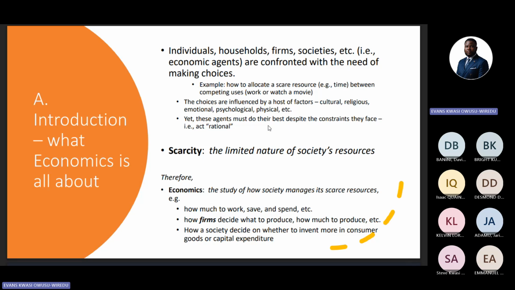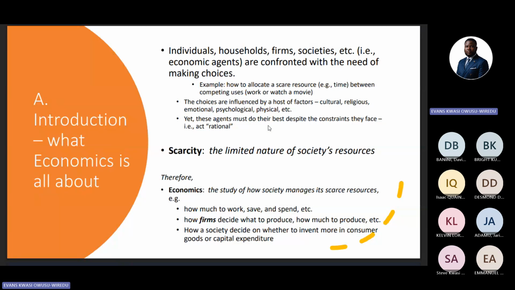And so, as an economist, you are coming in to help these people make the right choices through scientific approach or scientific procedures. As an economist, your role is to ensure that. But apart from that, you are also supposed to help them manage the little resources.